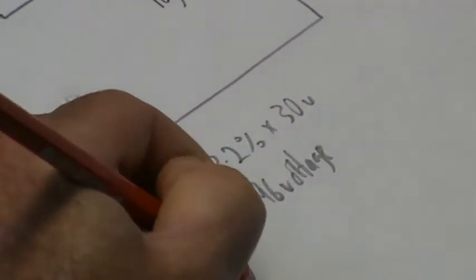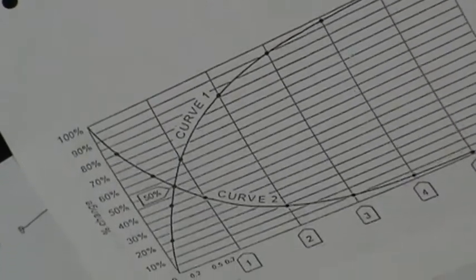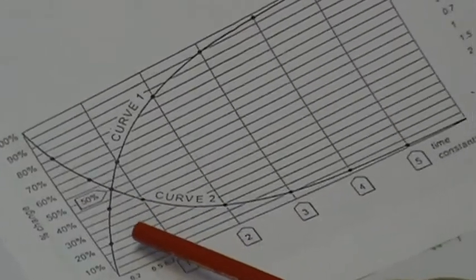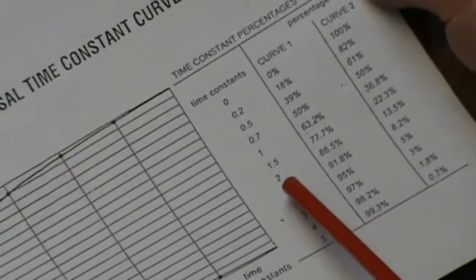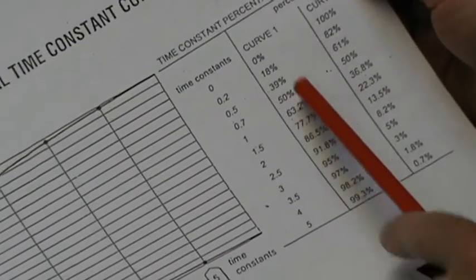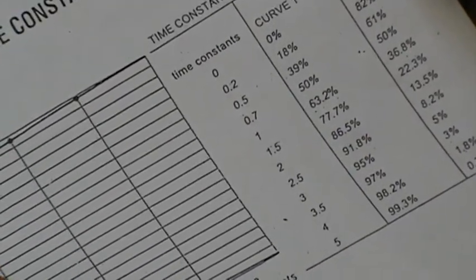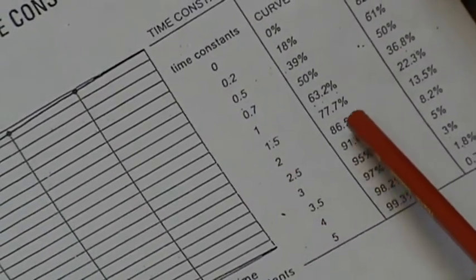I'll do number 2 for you. After 2T, it's going to be equal to... Curve 1, try again, my mistake. Curve 1, after 2 time constants, is 86.5% of the total value.